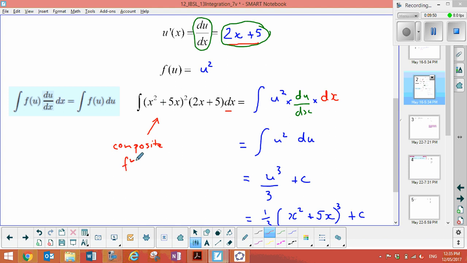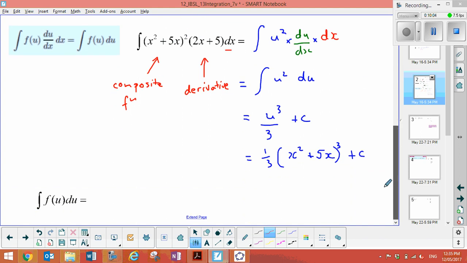And this part here is the derivative. So that's what you're looking for, a function inside a function multiplied by its derivative. So now when we integrate f of u du, that gives that primitive function of u, which is what this is here.